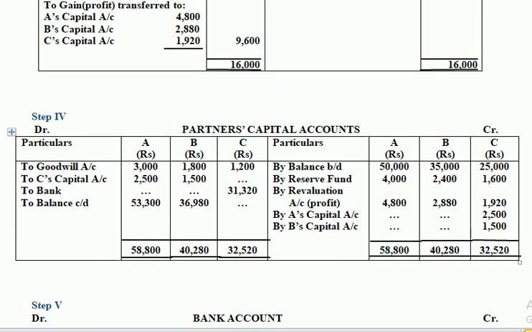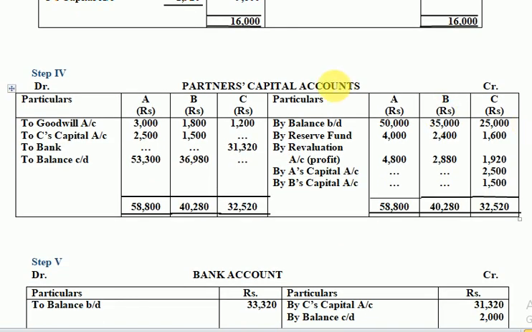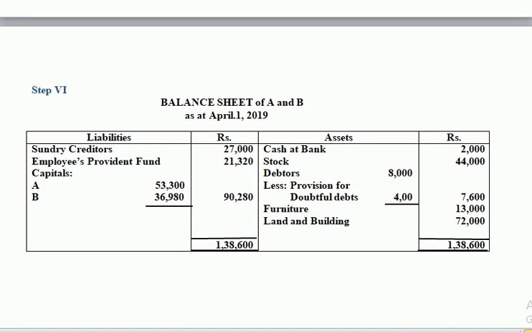When you attempt this question in exam, revaluation account carries 2 marks, and everything above this revaluation account is part of your working notes, which is followed by partners capital account, which carries 3 marks, and finally balance sheet carries 3 marks.